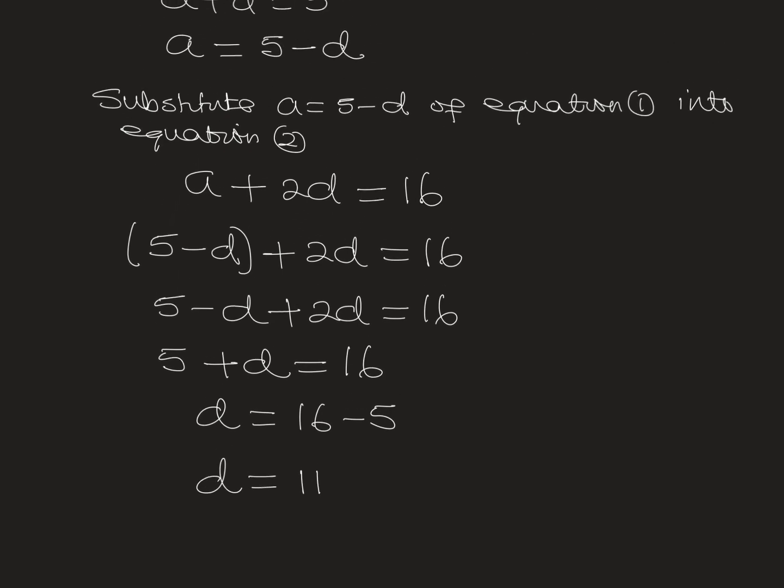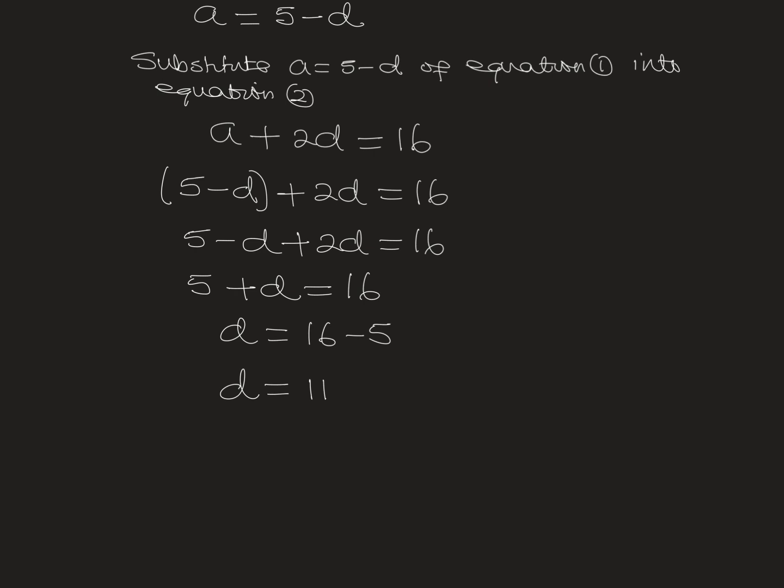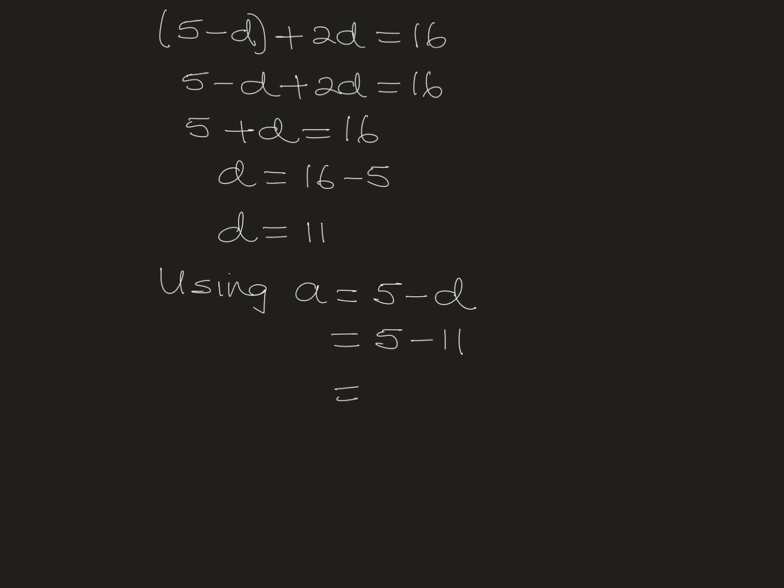Now that I know the common difference, I'm going to use A equals 5 minus D to find A. A will be equal to 5 minus 11, which is minus 6. So A is minus 6, D is 11.